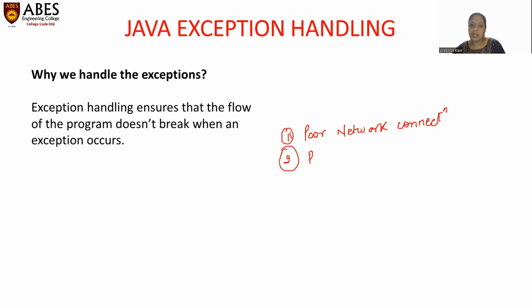Second is bad data input entered by a user. If a user enters bad data, that can also cause an exception, which can break the flow of a program. To avoid this situation, we need to handle the exception. For this, exception handling is there, which ensures that the flow of a program doesn't break when an exception occurs.